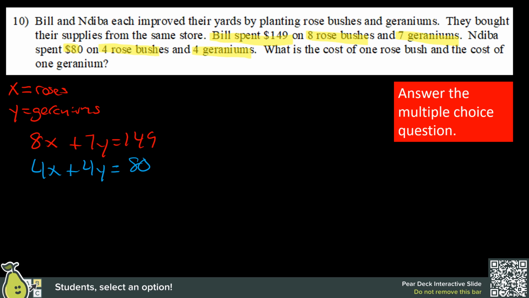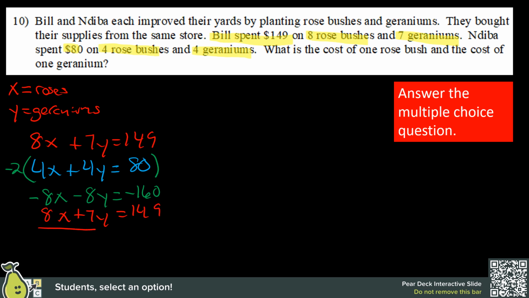I'm actually going to use elimination. I'll multiply everything by -2. So what happens here is -2 times 4x is -8x, -8y equals -160. And we're going to add that with the 8x plus 7y equals 149.